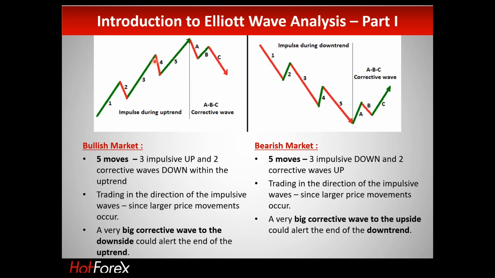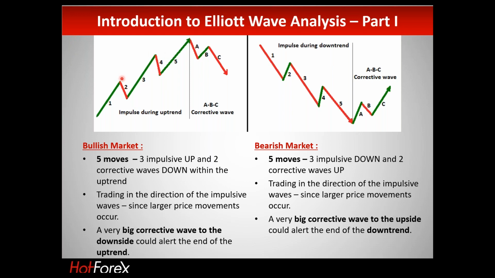Why? Because we are going upwards, and we have an impulsive wave which is moving in the same direction as the trend, but at some point we have seen a correction lower. We have seen a reverse move lower before it continued its direction to the upside. So 2 and 4, in the smaller picture, can also be called corrective waves.